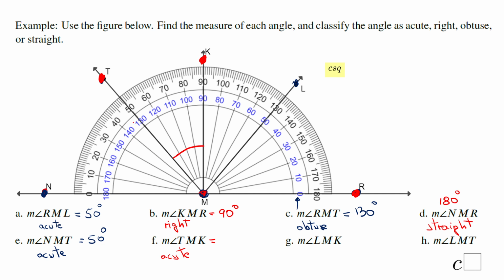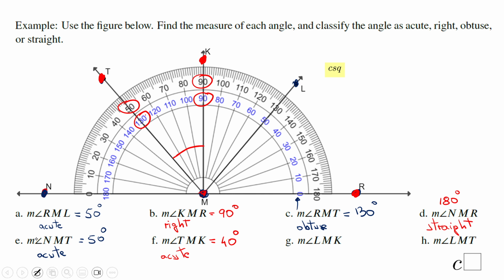And how are we going to see how much it is? You have two choices. We can take a look on this blue scale and we can see, hey, it's from 130 to 90. On the black scale, we have from 90 to 50. Either way, we can see that means it is 40 degrees. That's one way to measure using the protractor this way.